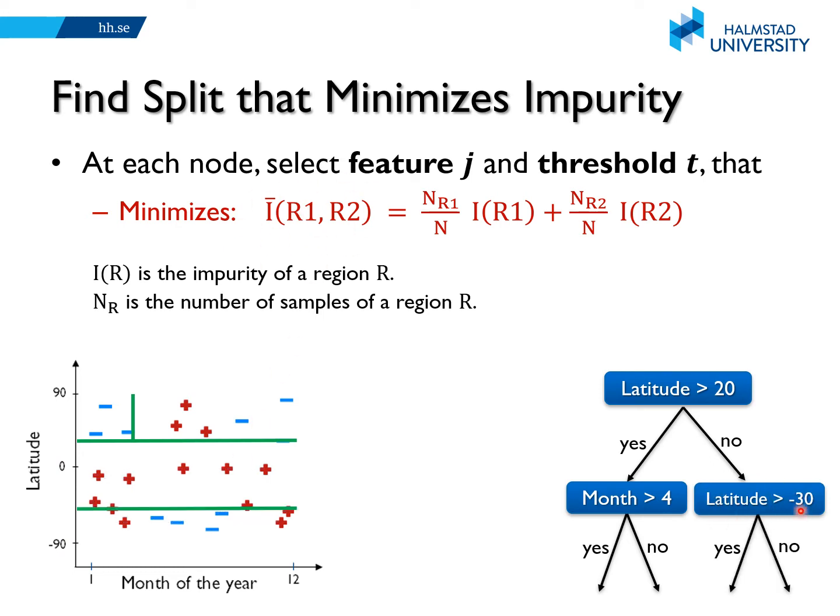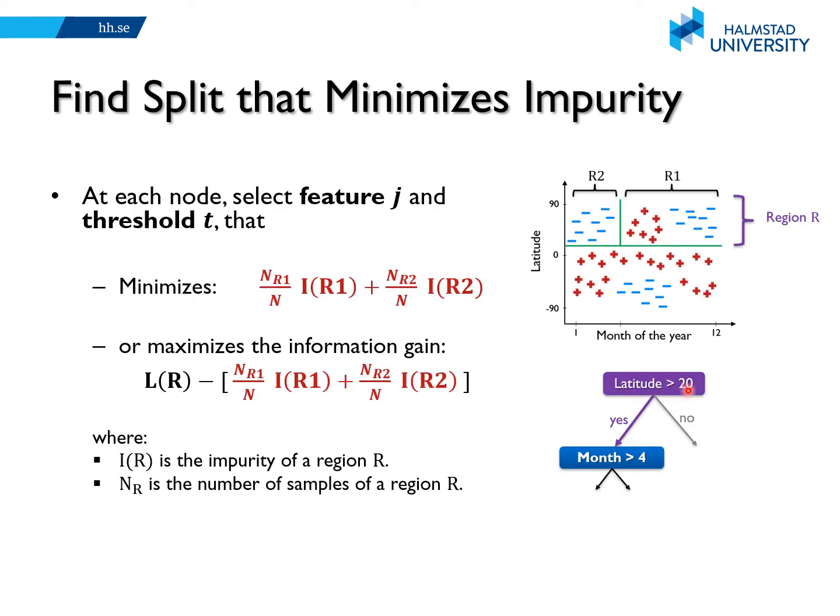And we will find that this is the question that minimized the impurity. So we use this split. So just to summarize, at each node we want to ask a question. And we do that by picking the feature and the threshold that minimizes the average impurity or the weighted average impurity in the subregions that we get.